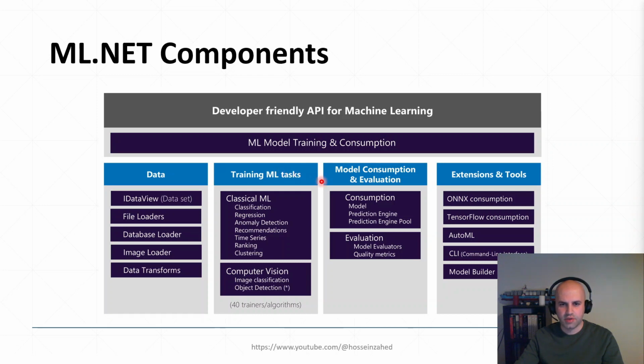The third category includes tools and components for model consumption and evaluation. And the fourth category is related to extensions and tools. For example, you can connect ML.NET to TensorFlow, which is a popular framework in the machine learning space.